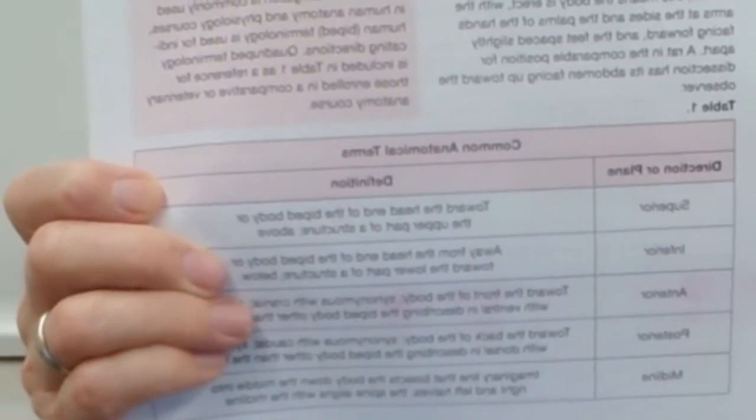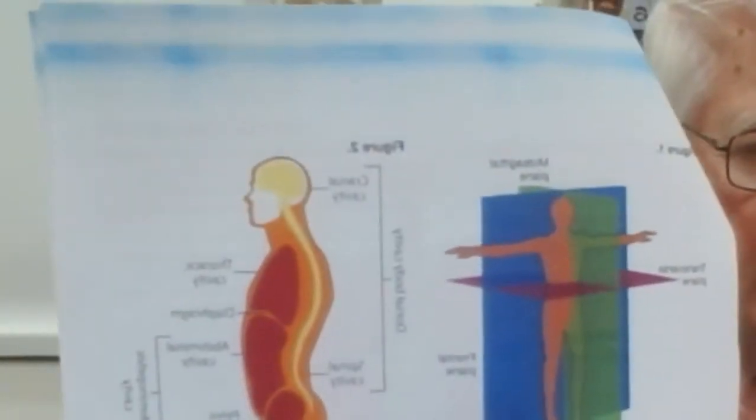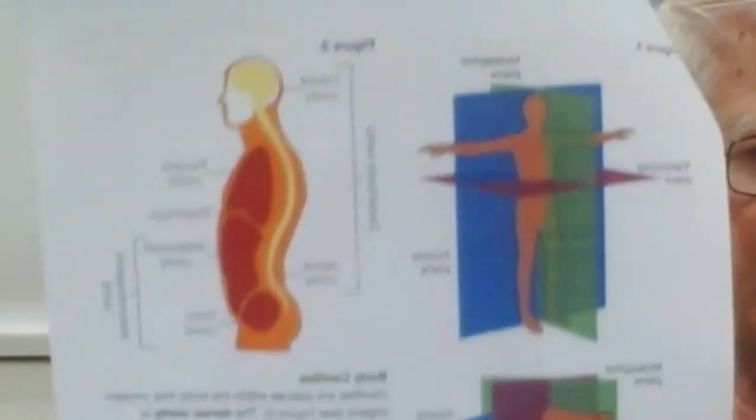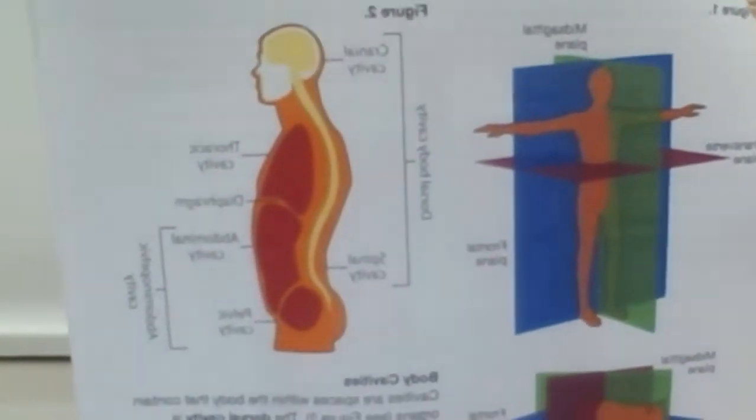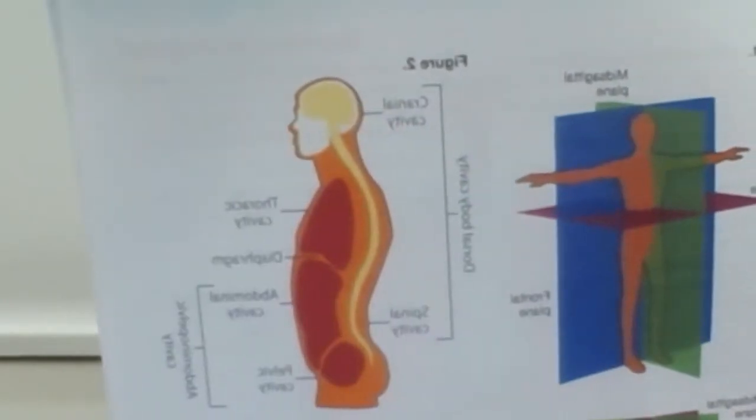The reading isn't as important as the way it's organized into tables, and also then you're going to see very nice diagrams. See, there's a diagram of the planes of the body and the sections and of the body cavity layout.